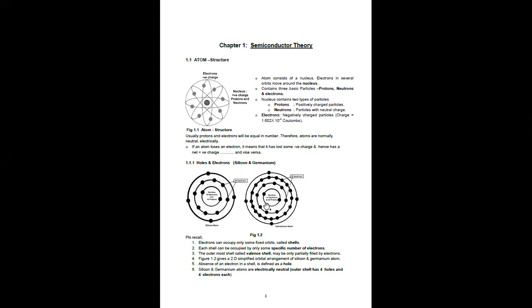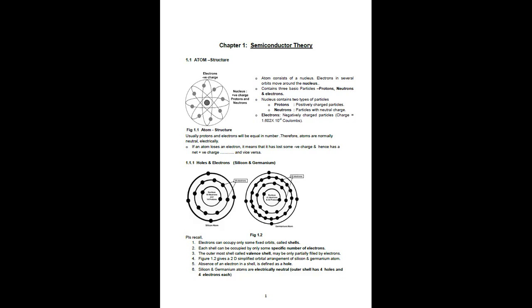Having a look at these two atoms, this is the silicon atom and this is the germanium atom. Electrons can occupy only some fixed orbits. These are called the shells. Each shell can be occupied by only some specific number of electrons. The outermost shell, called the valence shell, may be only partially filled by electrons. The figure shows a 2D simplified orbit arrangement of silicon and germanium atoms.